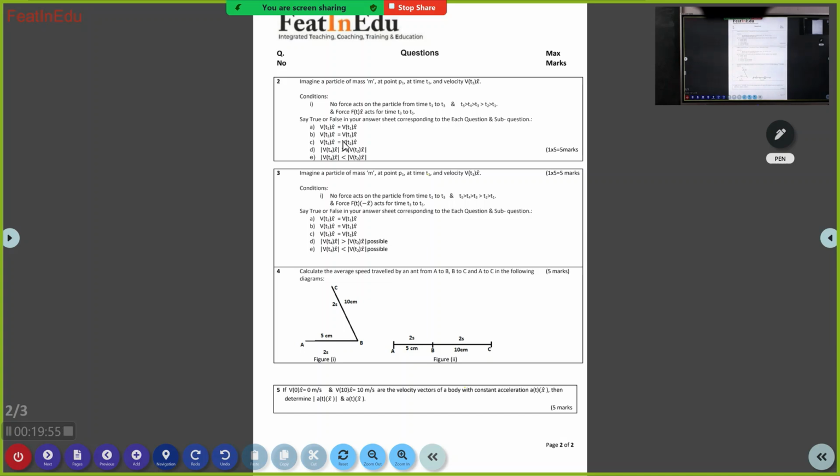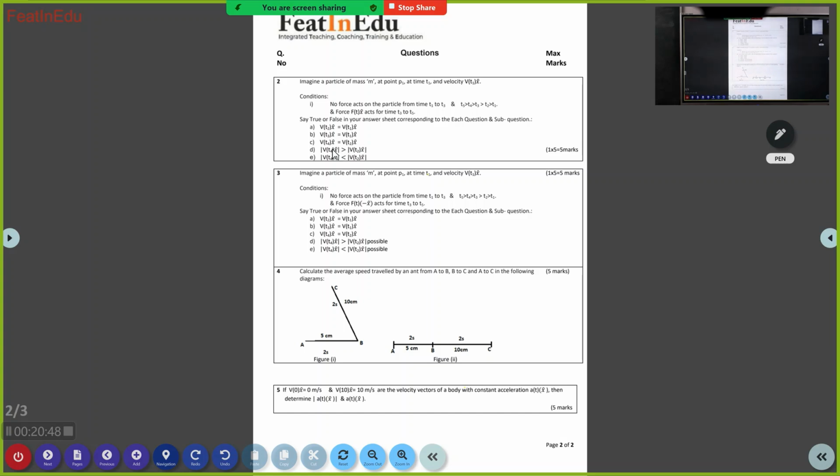So the body has first traveled from t1 to t3. At t3 you apply force. So V(t4) x cap is equal to V(t2) x cap.